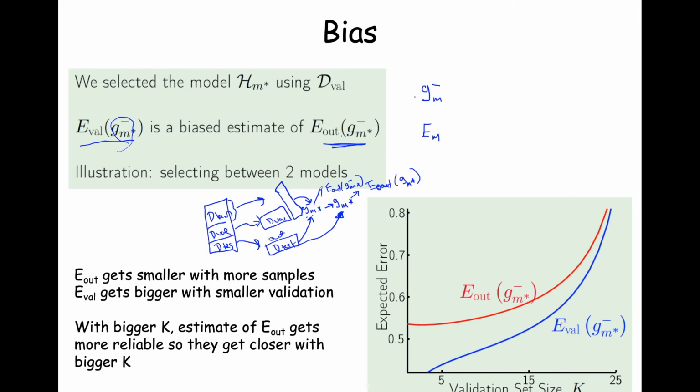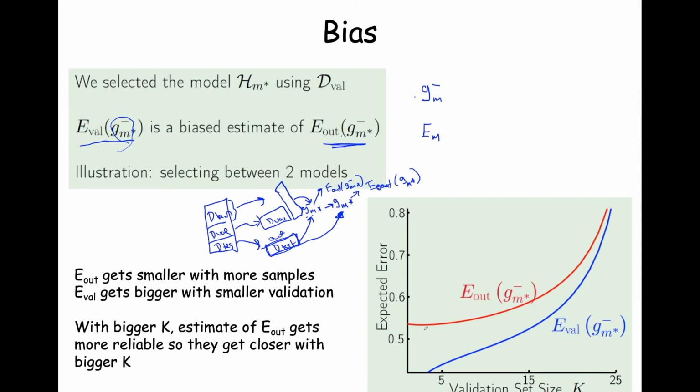So it's showing you the relationship between E out of g_m star minus and E out of g_m star. And it's all being driven by running this set-aside test set as if it were out-of-sample data through each version of this hypothesis. So this is the out-of-sample error of the limited final best hypothesis. It's one of those candidates, and you've estimated out-of-sample error.